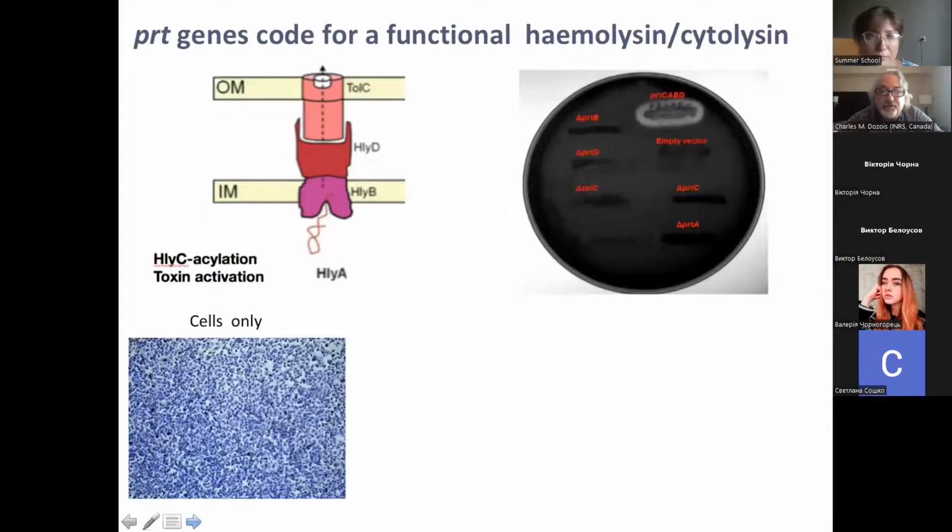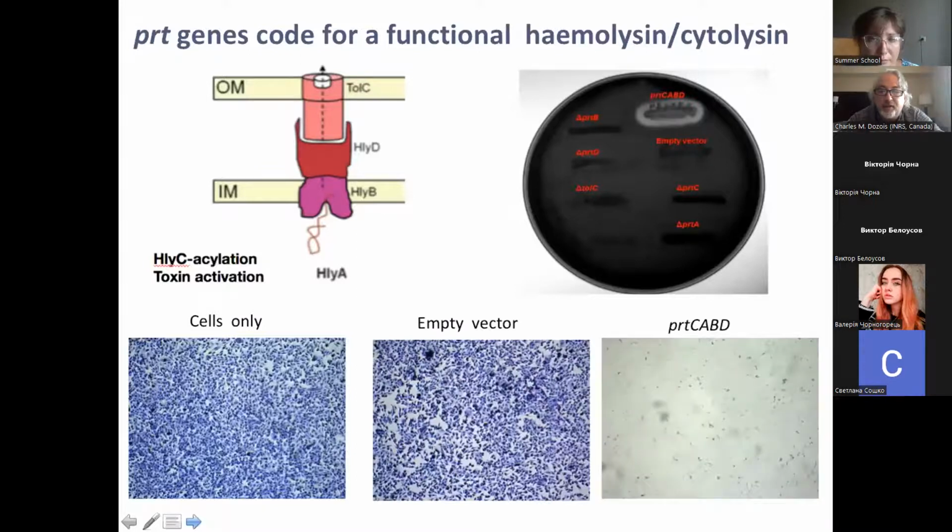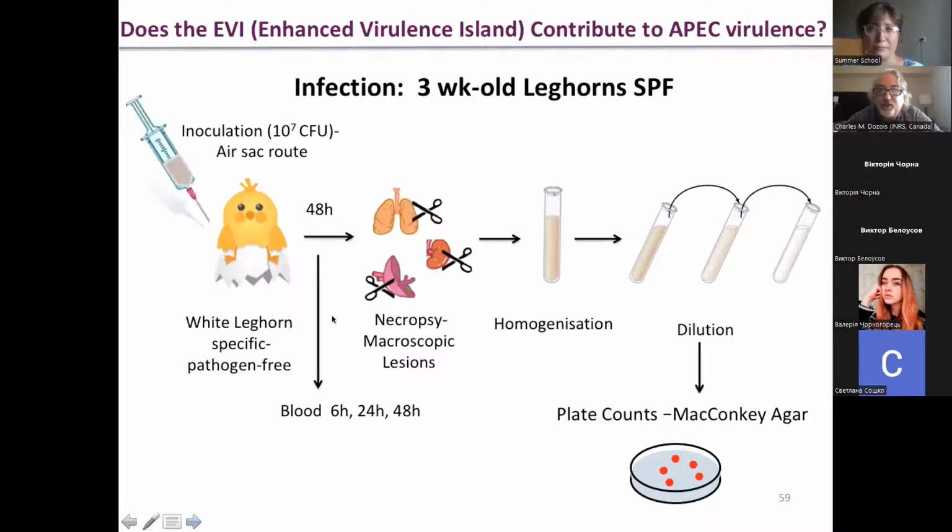You can see clearly that when you have this toxin produced, it's very lytic to cells, and whether avian cells or human cells, we saw that it was able to form pores and kill cells. So we did an infection in the turkey model, a 3-week-old model, and essentially we're looking at, from air sac infection, whether there's colonization in the extra-intestinal tissues.